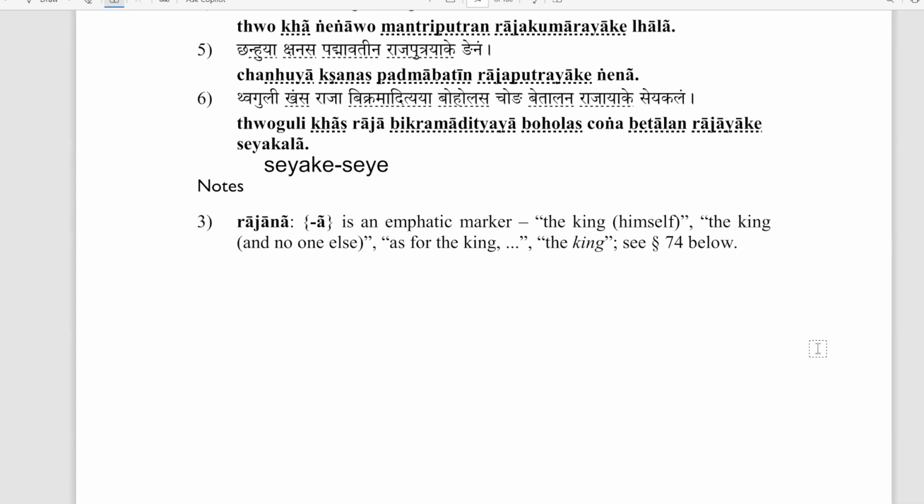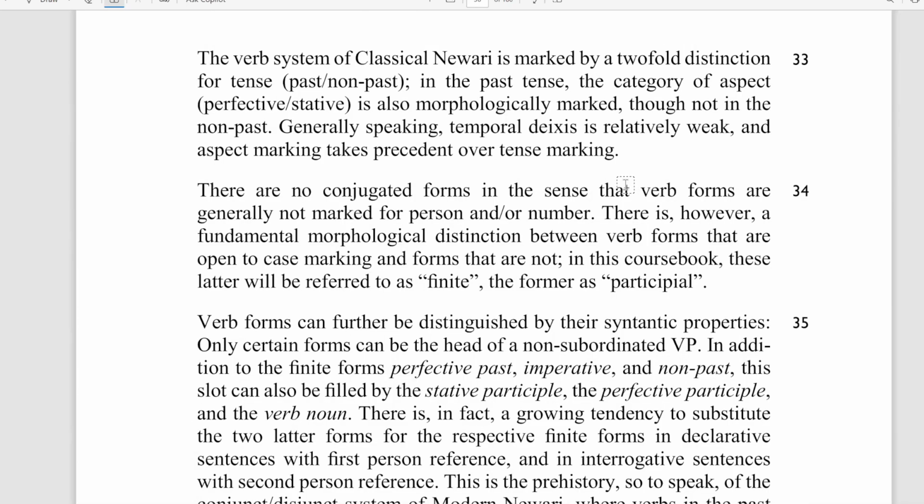We would just translate as he told the king. Any questions? It's okay. Then we can move to the next lesson and receive some new challenges.